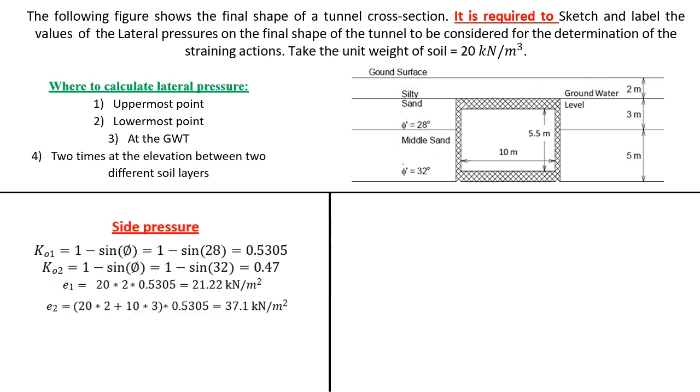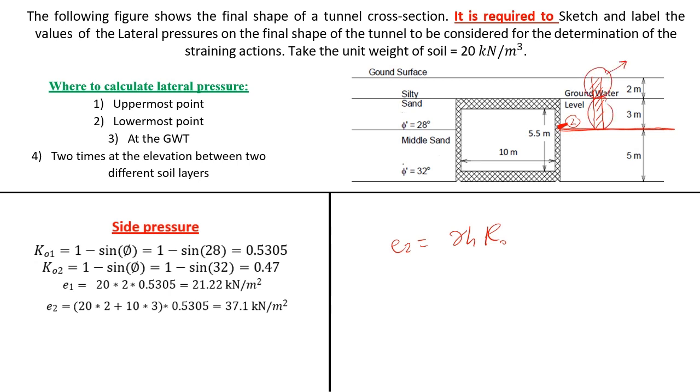For point 2, you have here your elevation, which lies between two different soil layers. So point 2, just on the top of this elevation, is here. So for point 2, it's gamma H K0. Gamma H is the own weight of the soil above this point, so this effective vertical stress can be divided into two parts.